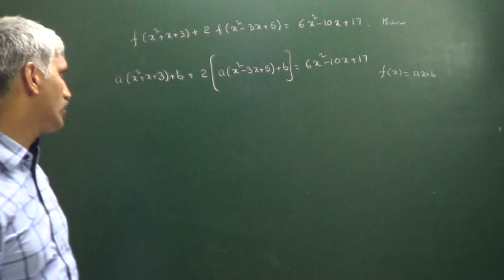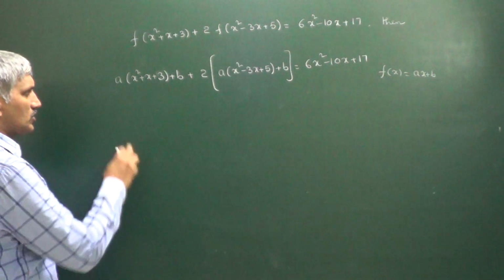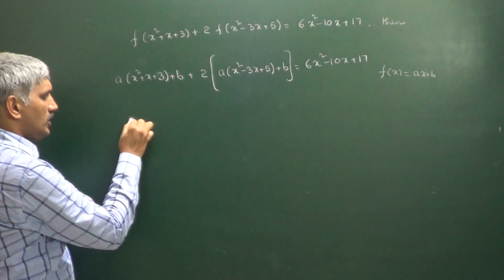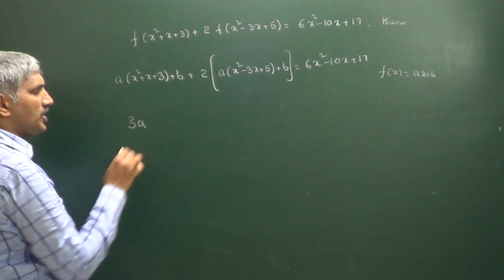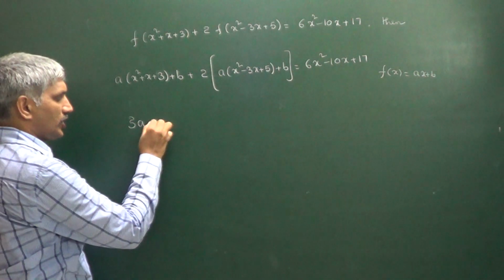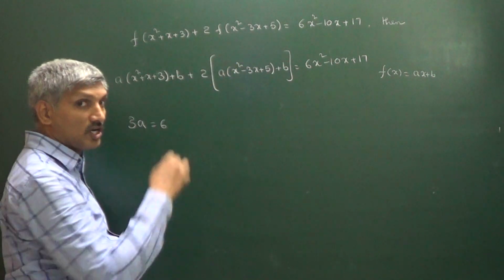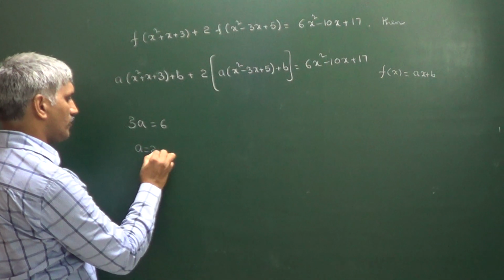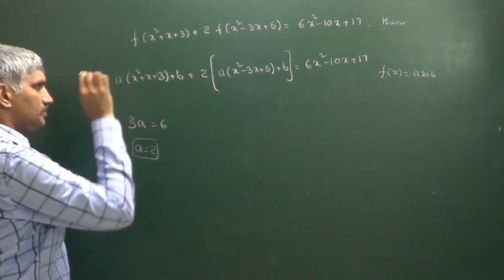Now you can comfortably proceed. What is the x square coefficient here? Here the x square coefficient is a, and there it is 2a, so 2a plus a is 3a. On the right hand side the coefficient of x square is 6. So we got the value of a equal to 2.